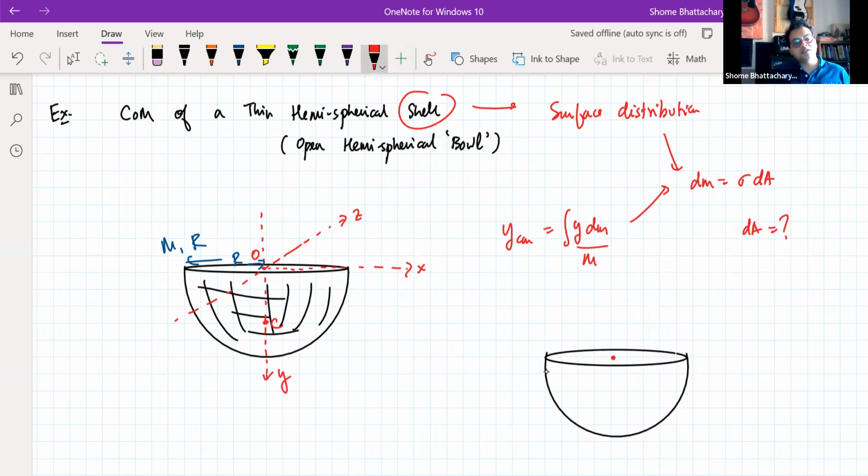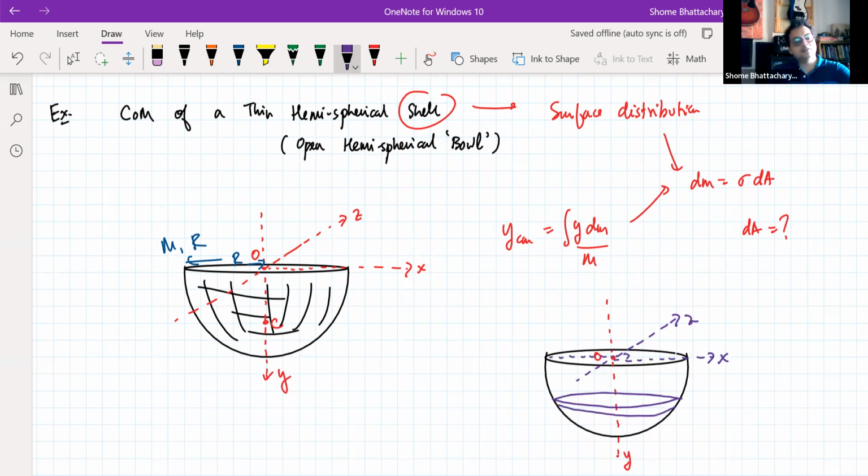So this point here is our origin. We're taking this downward axis as our y-axis. And this is our z-axis, let's say. And this is our x-axis. So if we slice it using a plane parallel to the XZ plane, so parallel to this open mouth, then we are slicing it into thin rings like this.